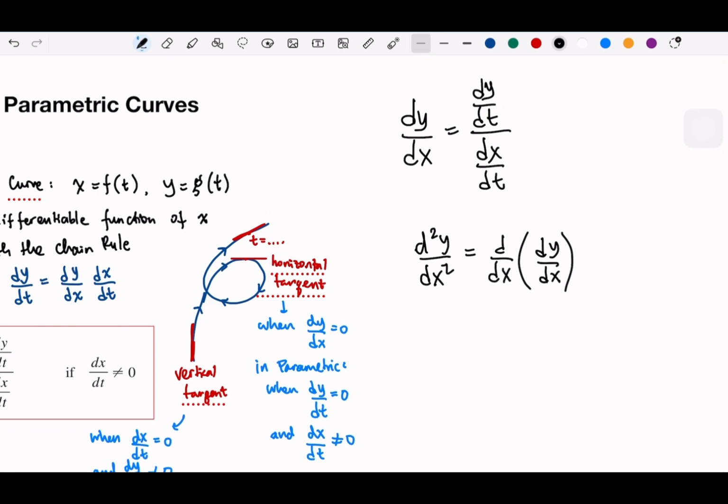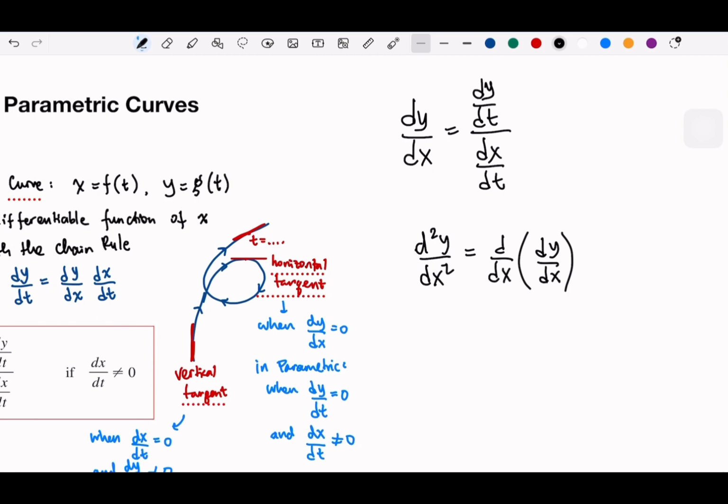So what's important here is if we go back to our assumption, x is a function of t, parametric. y is also a function of t, but y is also a function of x. So if you try to derive the top and derive the bottom, you are going to break the rule that you set up. So we need to make sure that we derive with the correct formulation.